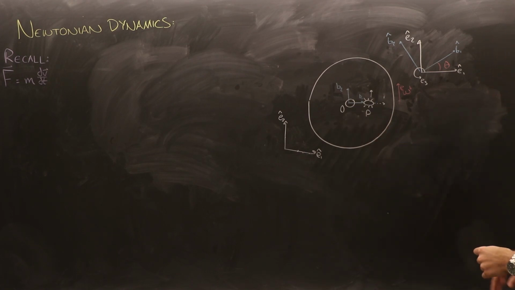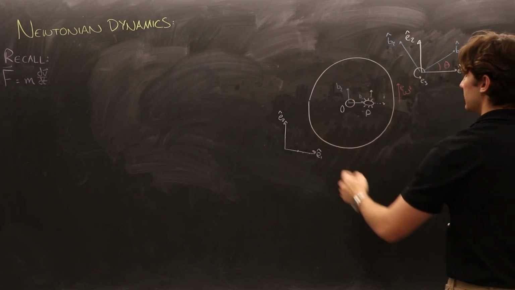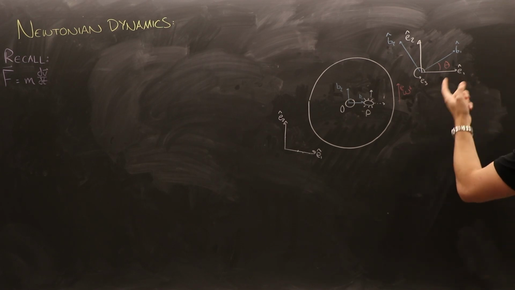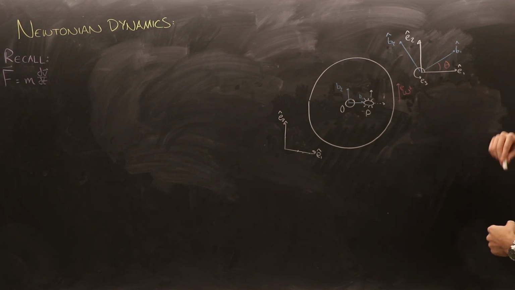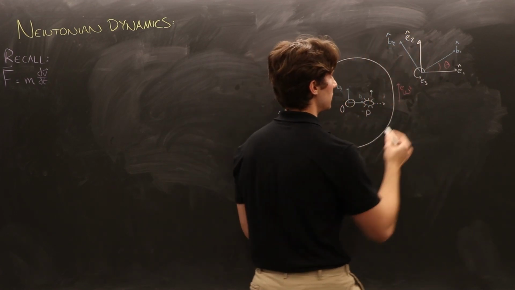We can go ahead and think about the relationship between this E frame and the B frame. At some arbitrary time, this B frame might be rotated with respect to this E frame. So we can express what those B frame components look like in terms of the E frame. To do that, we'll just use some simple trigonometry.